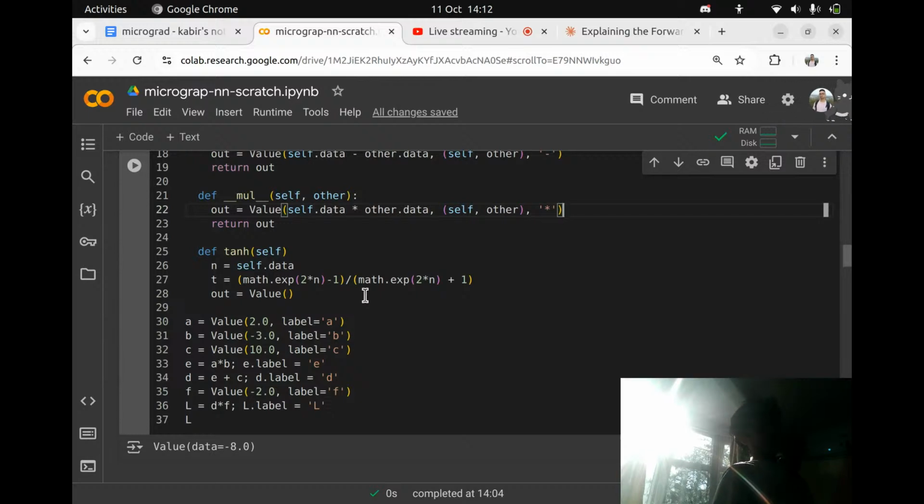And children of this node, there's just one child, and I'm wrapping it in a tuple. So this is a tuple of one object, just self. And here, the name of this operation will be tanh. And we're going to return.